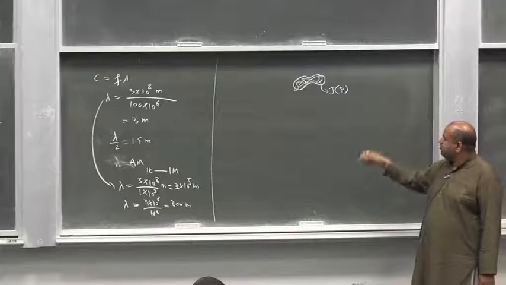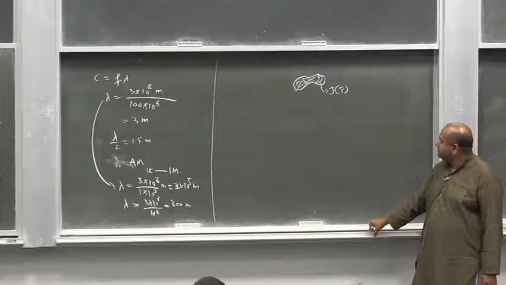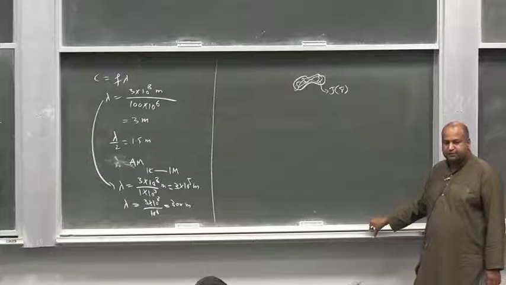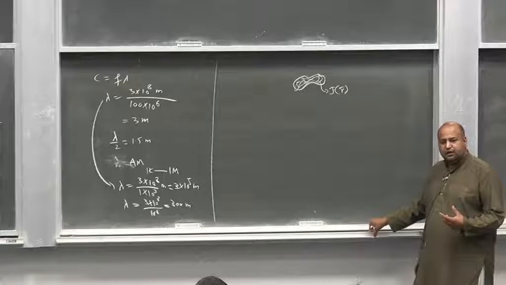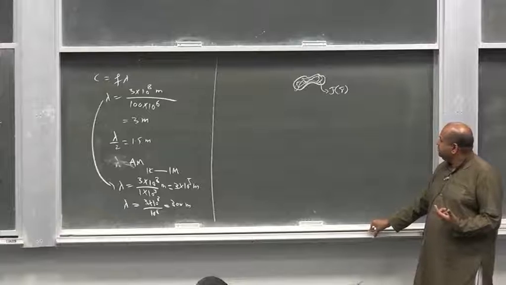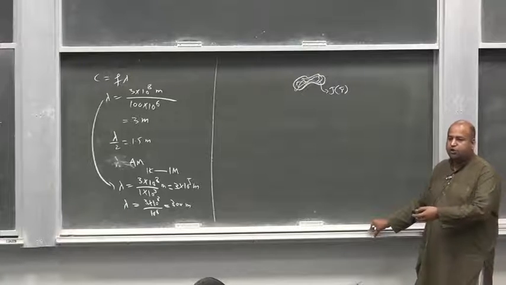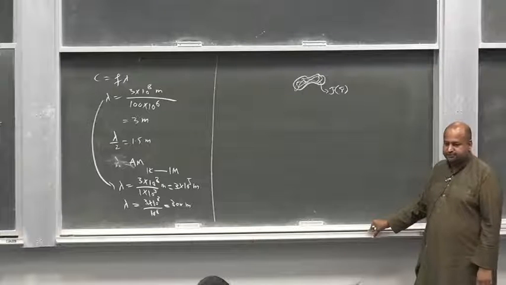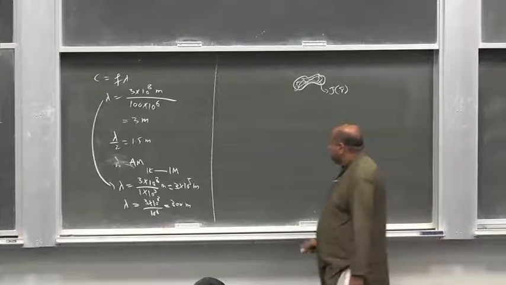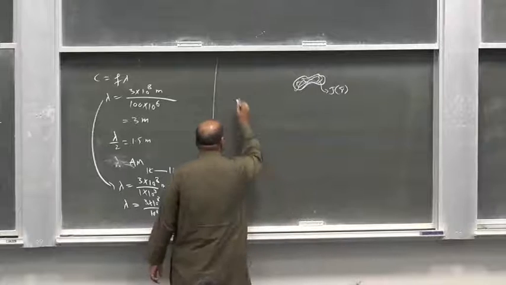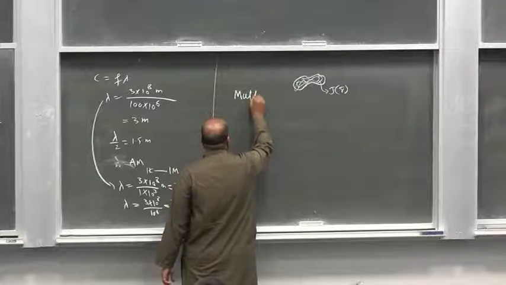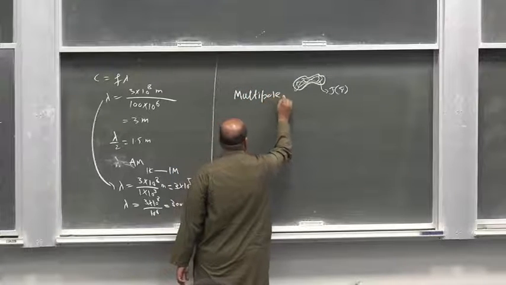But let's try to come up with a method that gives us a fairly good idea based on just a part of the information about the current density, instead of knowing it fully. And for that, we have to go towards what is referred to as multipole radiation.